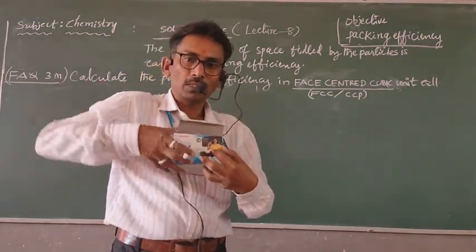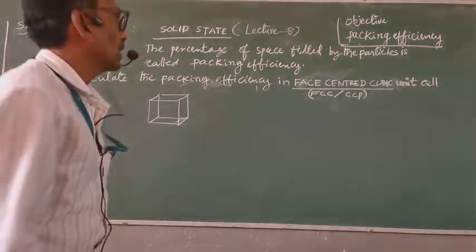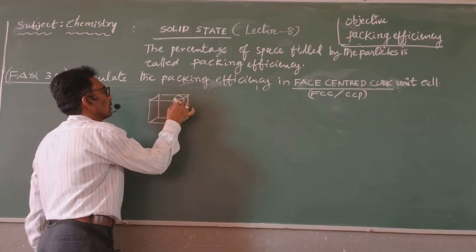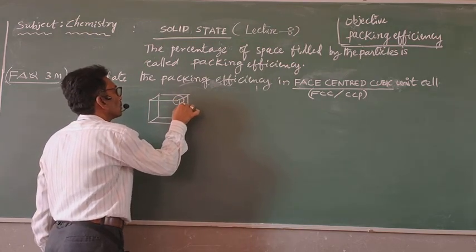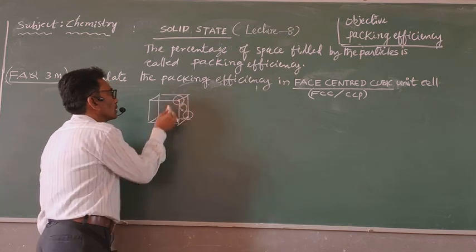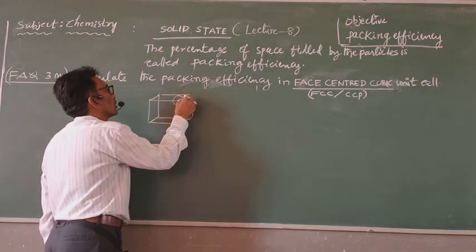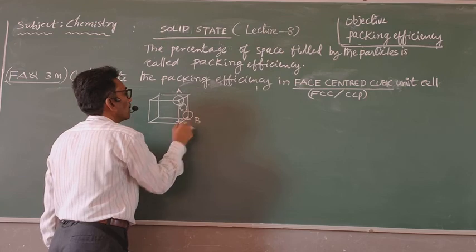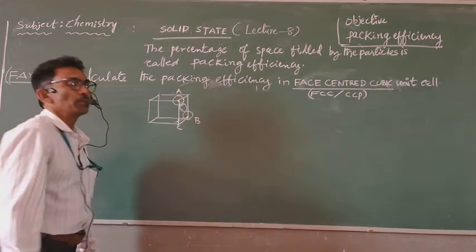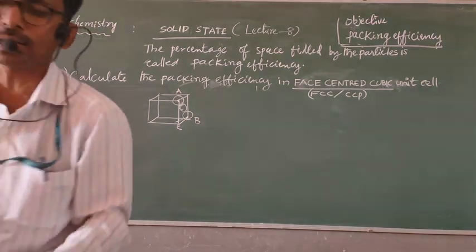You have to draw like this, along the face diagonal. This is a particle at corner, and this is the face centered particle, and this is the opposite corner. Yes. These two are opposite corners which are denoted by letter A and letter B, and C. AB is side length. See here, AB is side length.